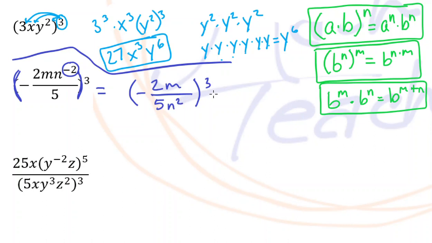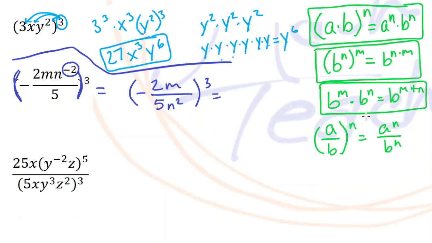Okay, now we're going to apply the third power to this, and we're going to apply it to each part. I guess I do have another rule here. Here we go. How about a over b to the power of n equals a to the n over b to the n.